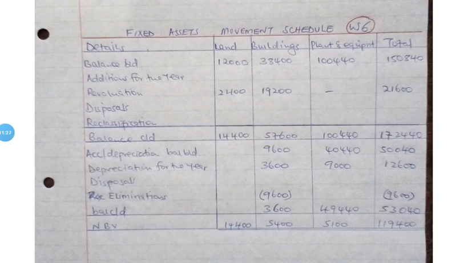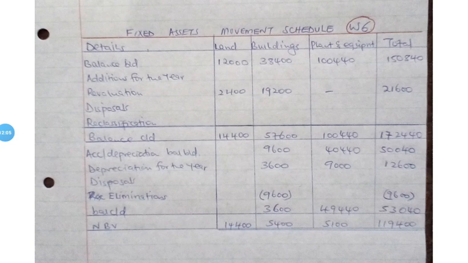Depreciation for the year is simply the figure we calculate for depreciation for this year. Remember, these are the figures we calculated as per note number 4. I would like to remind you how we calculated them.